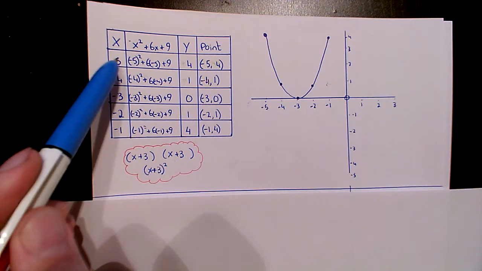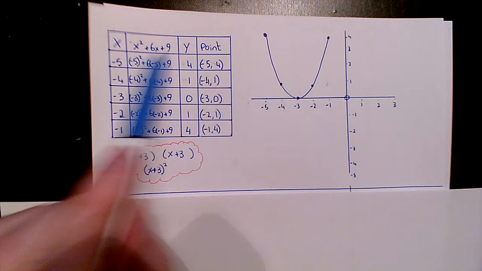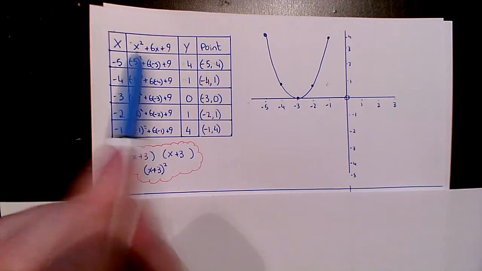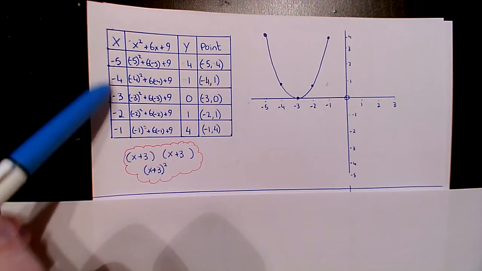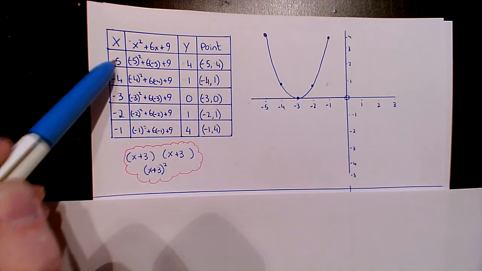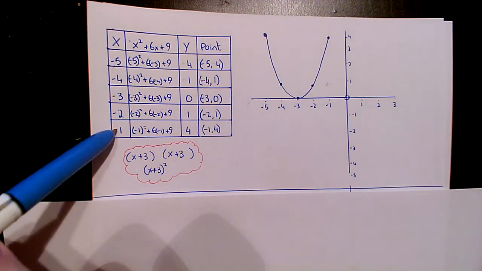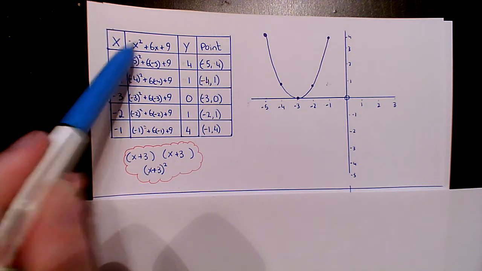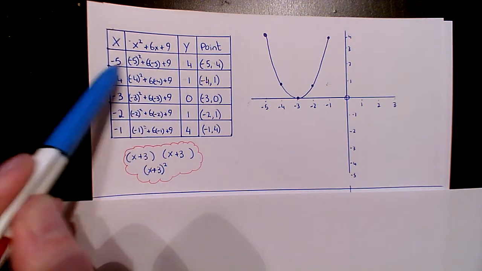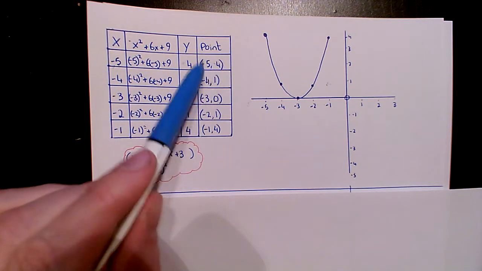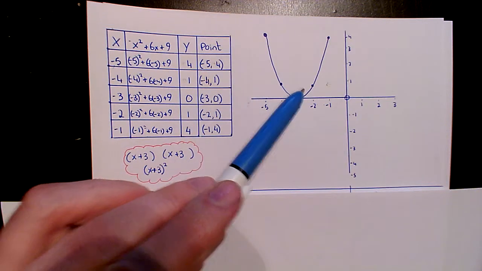Now what I'm going to do is draw this equation onto this graph in the domain minus 5 to minus 2. So basically I'm going to put in minus 5, minus 4, minus 3, minus 2, minus 1 for x, see what it spits out, use the two values, the x and the y, to get a coordinate, and then plot them.